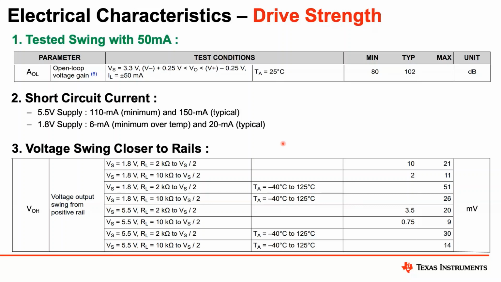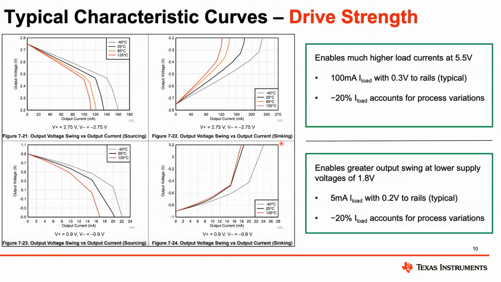I tend to look at, if you can change to the next slide, the typical characteristic curves, or as we call them, claw curves, that really showcase what your expected output voltage swing should be at a specific output current. In this case, the graphs shown here are typical. I want to really emphasize that. When you're looking at these characteristic curves, they are typical curves.